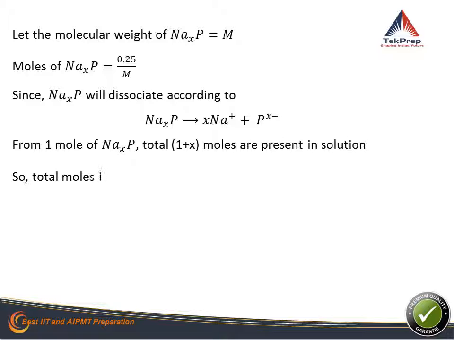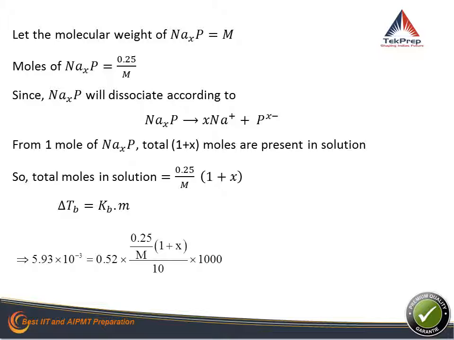So the total moles of the salt in the solution would be 0.25 by M into (1 plus x). We also know from the formula that the difference of temperature at the boiling point is equal to the boiling constant into the molality of the solution.